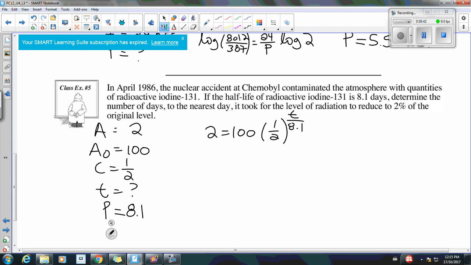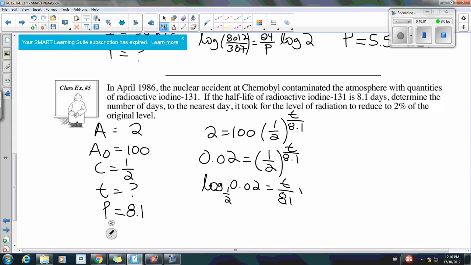So divide both sides by 100. Now I have 0.02 equals 1/2 to the T over 8.1. Again, you can choose to take the log of both sides or change form. I'll change form in this case. Log base 1/2 of 0.02 equals T over 8.1.